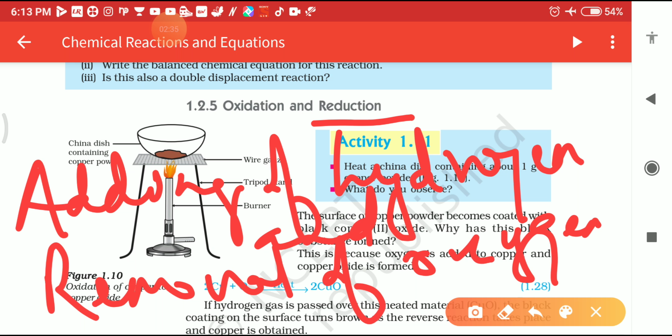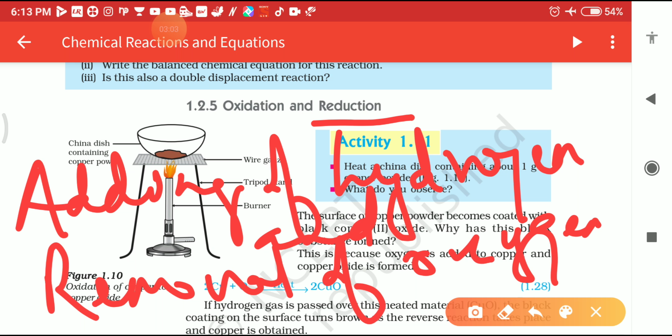Now another word will come here: oxidizing agent. An oxidizing agent is the agent which gives oxygen for oxidation, and the substance which removes hydrogen is also called an oxidizing agent.